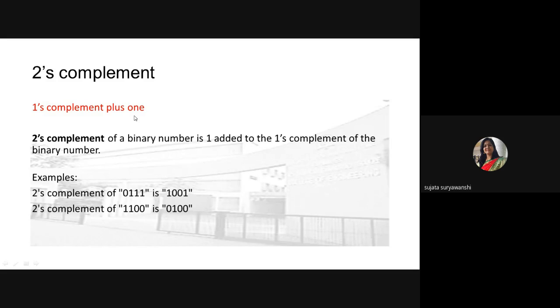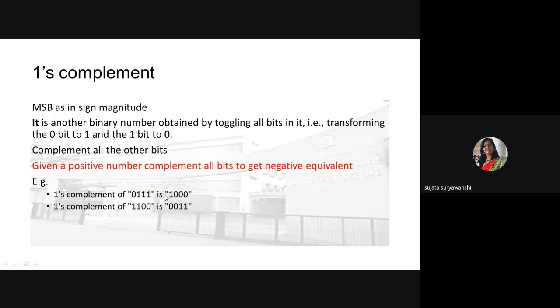bit of the 1's complement. Okay, so we can see this example, the same example as in the previous slide, that is 0111 is your number and you have to find the 2's complement. First of all, find the 1's complement. So the 1's complement is 1000.